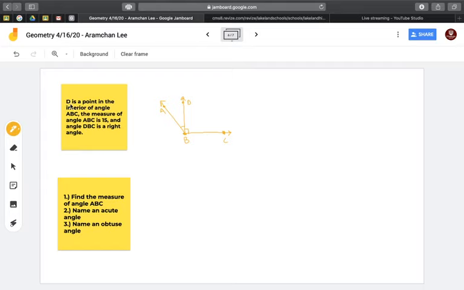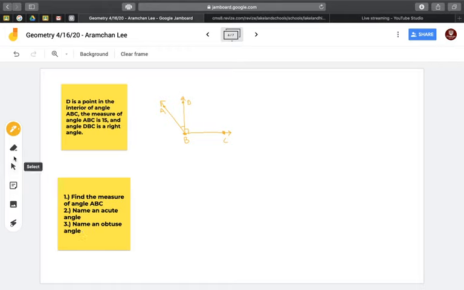We're given that D is a point in the interior of angle ABC. The measure of angle ABC is 15, and angle DBC is a right angle. And we have three tasks. Find the measure of angle ABC, name an acute angle, and name an obtuse angle.